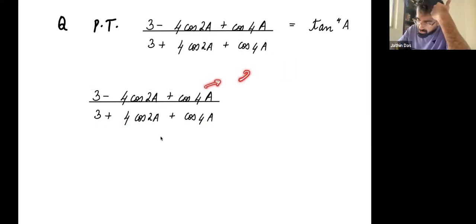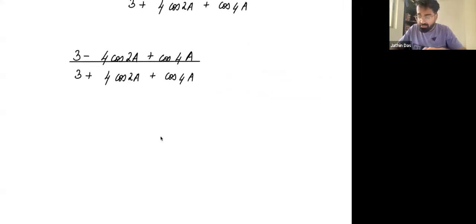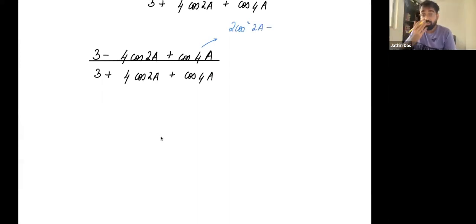Because everything is in cos. Even if you do it like this, 2 cos square 2a minus 1, you can do that also. But make it in cos, because the answer is in tan, right? You'll see what happens.